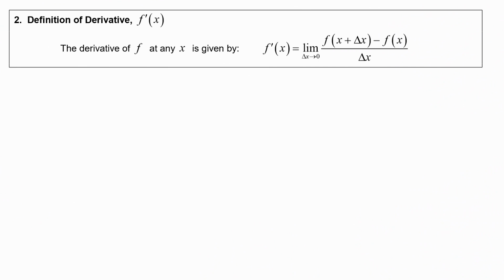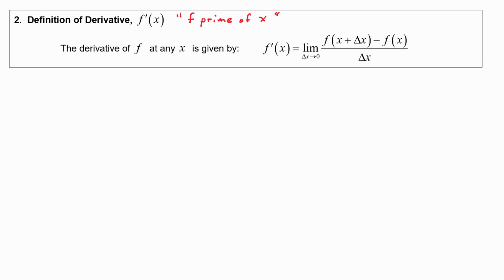This brings us now to the definition of the derivative. These symbols right here, where we have f and what looks like an apostrophe with the x in parentheses, is read f prime of x. And it stands for the derivative of f.